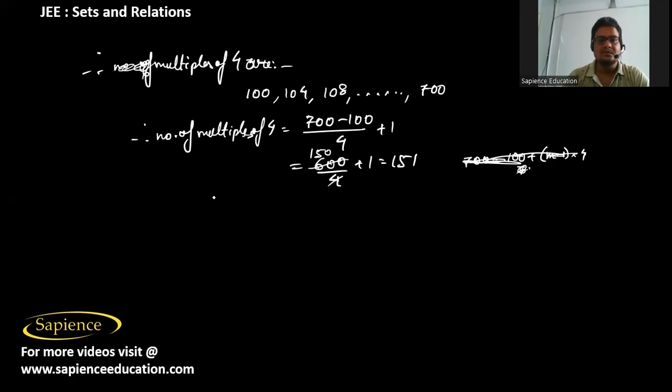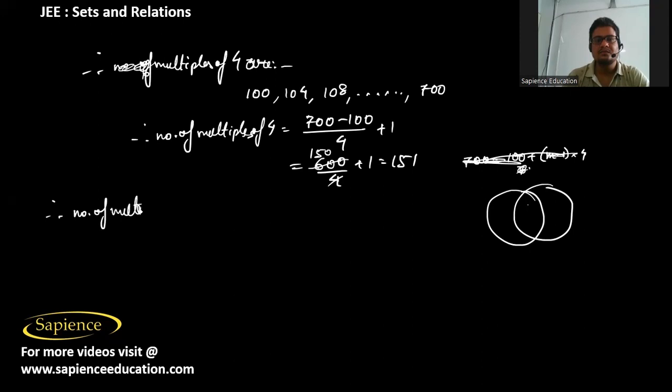Now some are multiples of 3 and some are multiples of 4, but some are multiples of both 3 and 4. So those we have to exclude. So therefore the number of multiples of 12 we have to find.